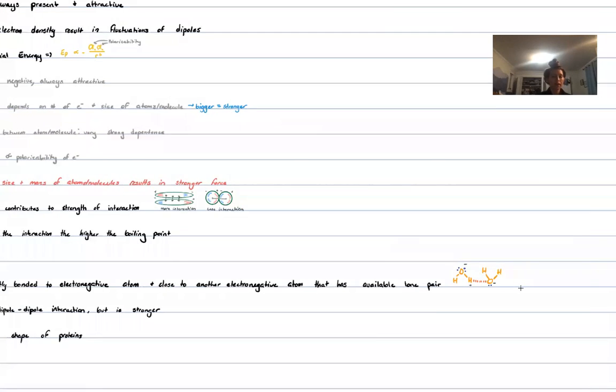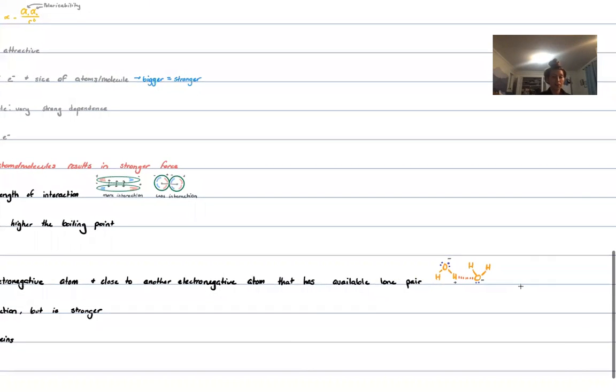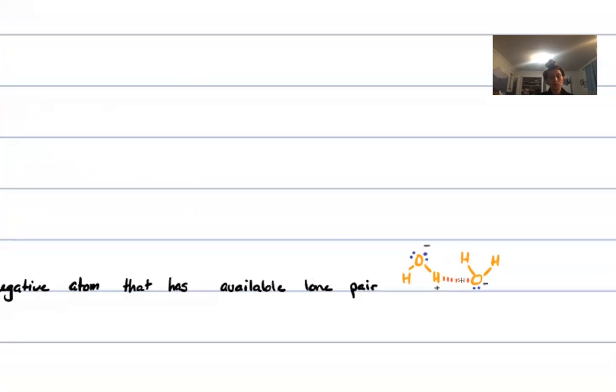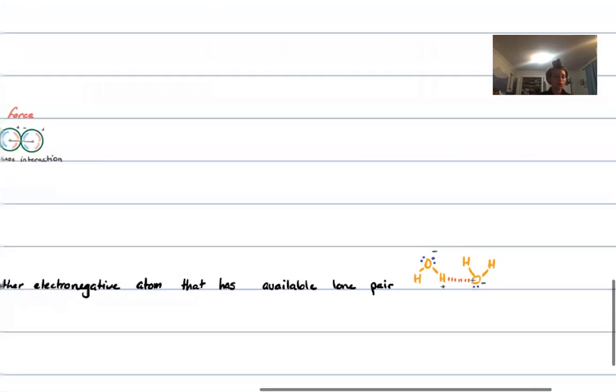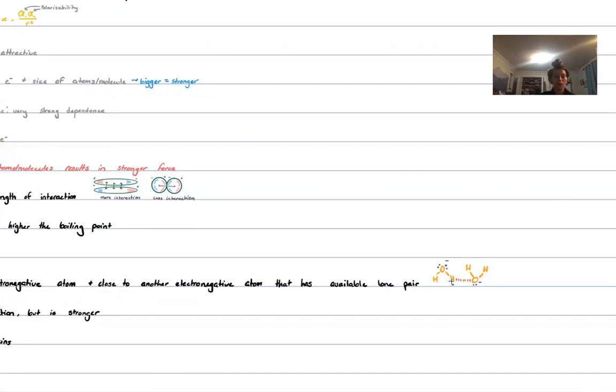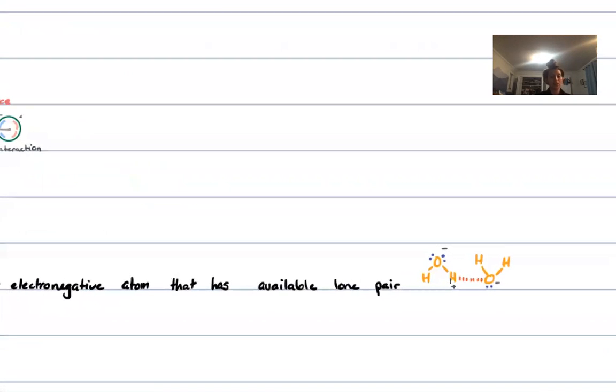In our most common case, we see water, which is why water is so important to many interactions we see today. Your oxygen is very electronegative, so it gets a partial negative charge, and your hydrogen therefore takes a partial positive charge. Because of that, you have attraction between a partially positive hydrogen and a partially negative oxygen.